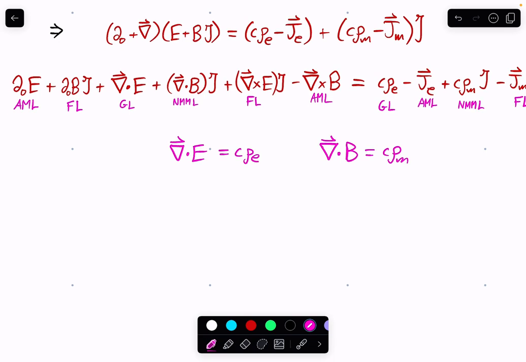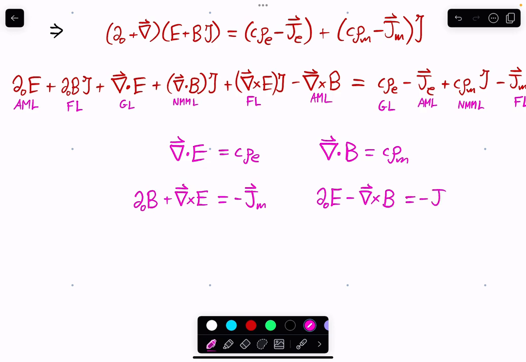Then we get Faraday's law, dV plus curl of E equal to minus J M. You'll notice that I'm just ignoring the i's because everything here has a factor of I. Then partial of E minus the curl of B is equal to minus JE.